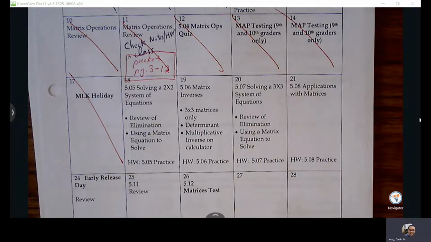Maybe just copying down the wrong sign or multiplying incorrectly, but those are relatively minor. You guys as a whole did really well.